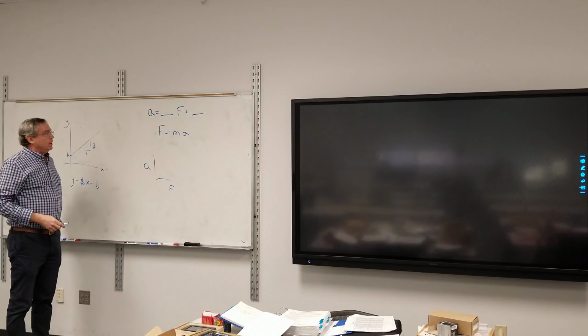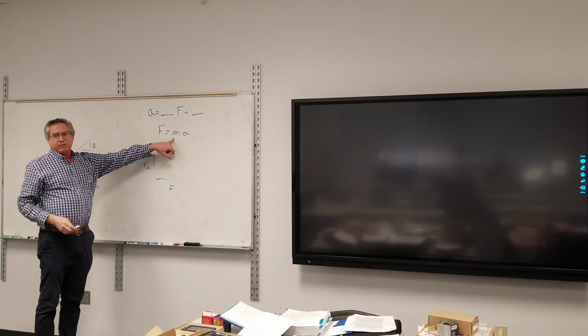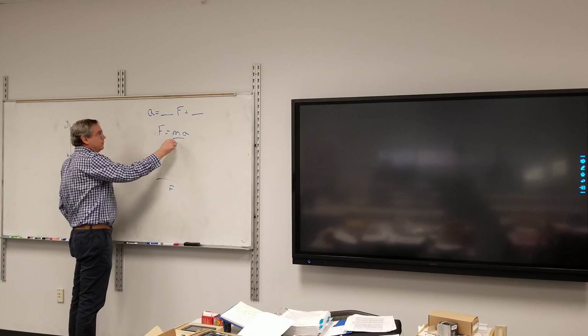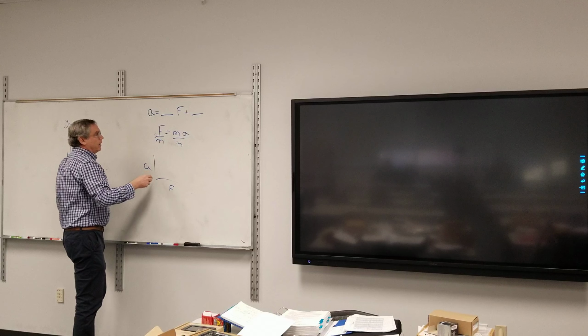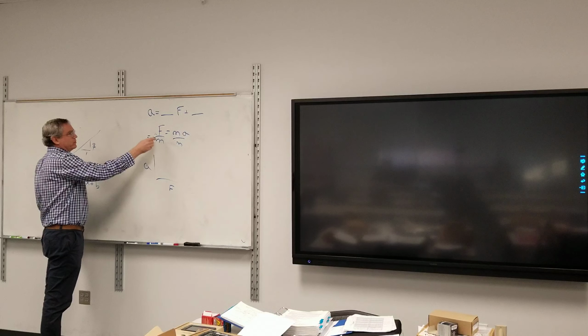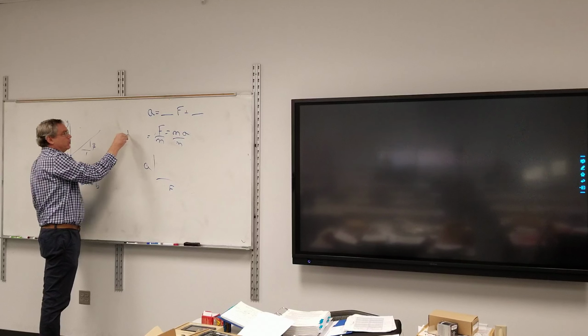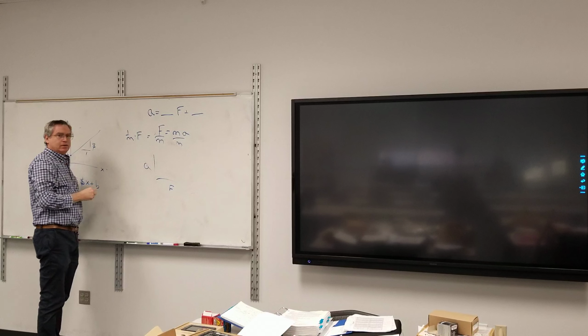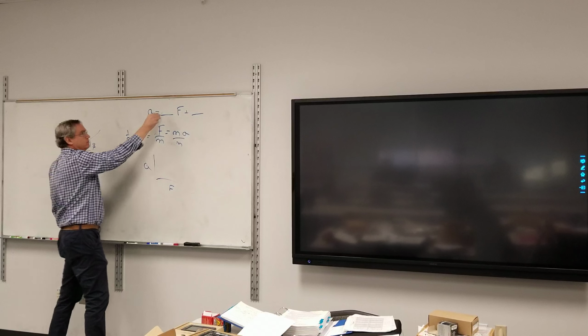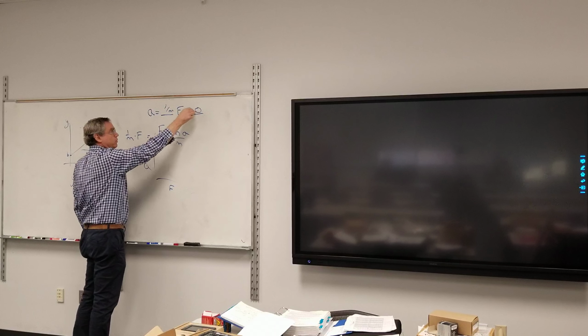Well, if I'm isolating a, I have to divide by m. And take it one step further to put it in that form, it's 1 over m times F. So therefore, the slope is 1 over m and the intercept is 0.